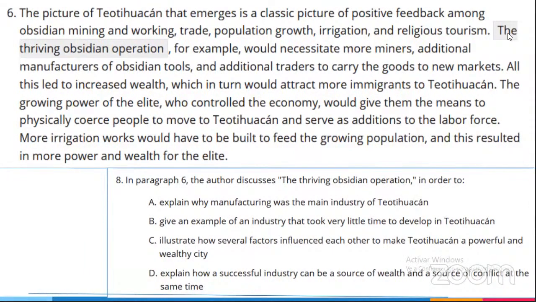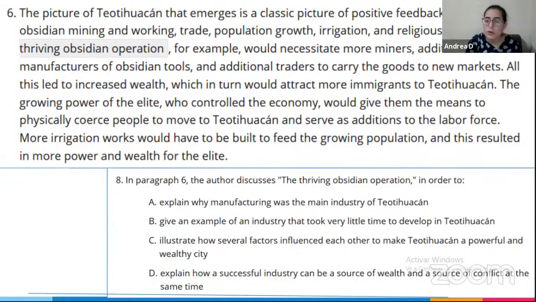Here, it would give them the means to physically coerce people to move in, in addition to the labor force, because it's like slavery. And the successful industry, because it made people come to the city and made it better.